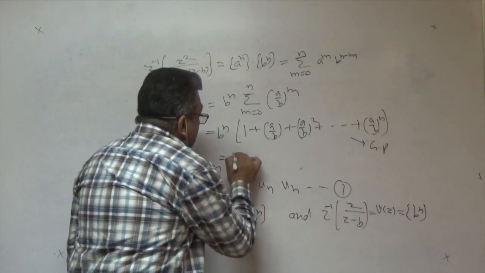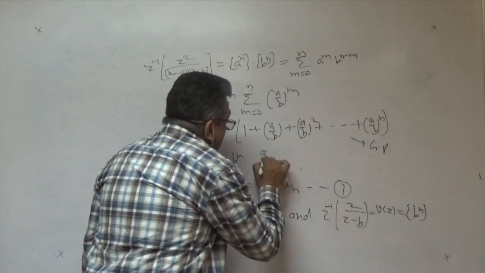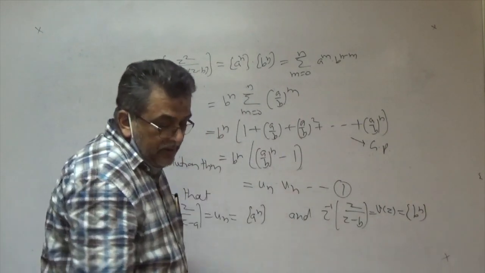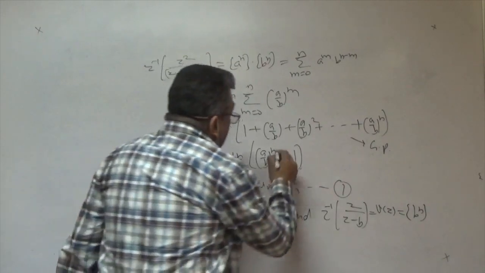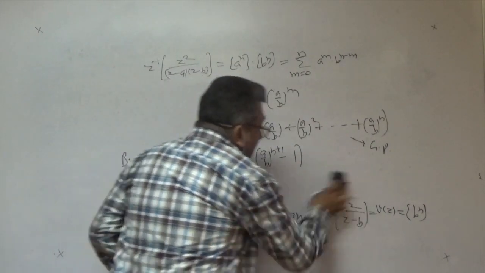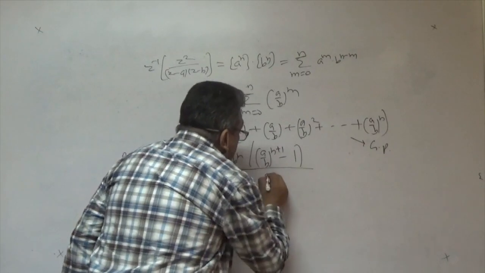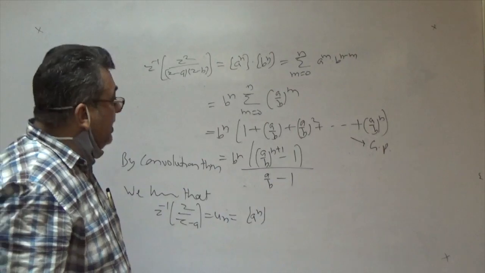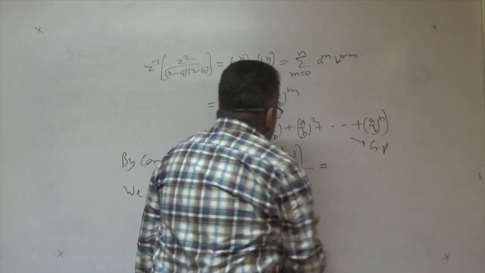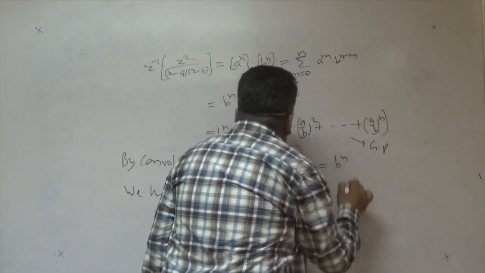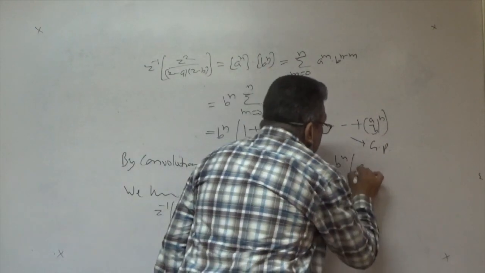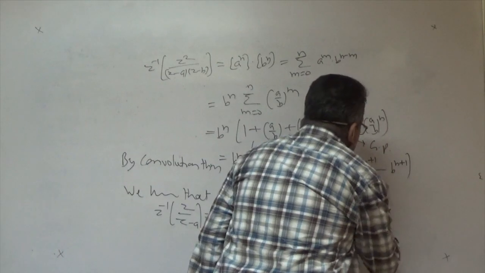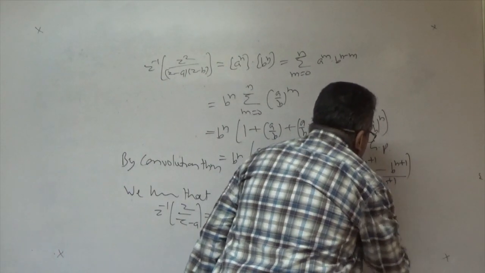So its sum is, first term 1, (A upon B) to power n plus 1 minus 1, upon r minus 1, where the common ratio is r, so A upon B minus 1. By formula, this is the sum of a GP. If you calculate this, and take the LCM, we get A to power n plus 1 minus B to power n plus 1 upon B to power n plus 1 in the numerator.